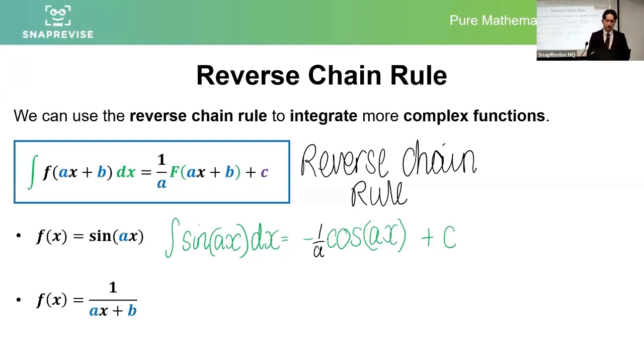So let's look at a similar one here. What do we reckon this is going to come from? This is 1 over (ax + b). Now, this looks a little bit nastier. The denominator is linear and the numerator is a constant, so the numerator is like the derivative of the denominator. The guess here is actually that this is a log, this is ln.